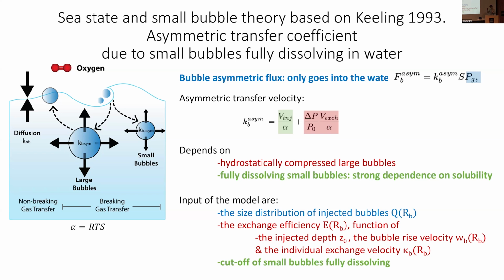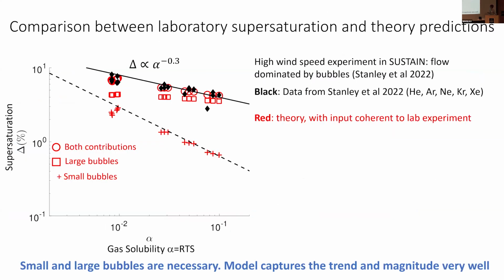If you do this and use the same input as in the previous condition, you can explain the graph from Rachel's data. The black are the data, the red is the theory, the circles give you the supersaturation coming from both large bubbles getting squeezed and small bubbles fully dissolving. The match with the data is pretty good.